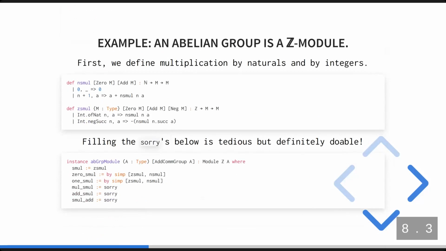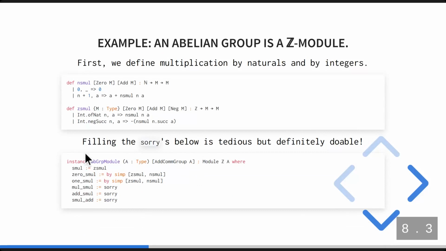Yeah. So as I was saying, you can make a Z module. An abelian group is actually the same as a Z module, but here what I'm going to prove is that if you're given an additive commutative group, then you get a Z module automatically.